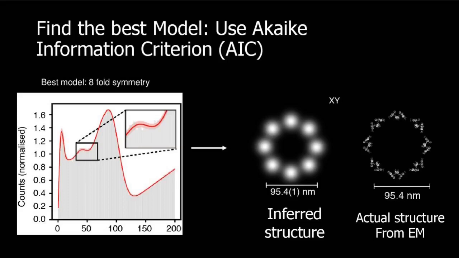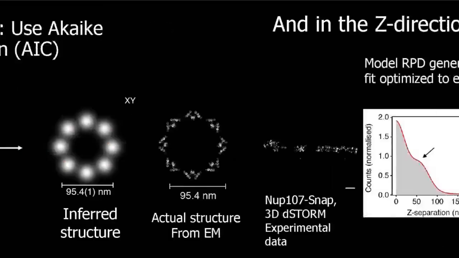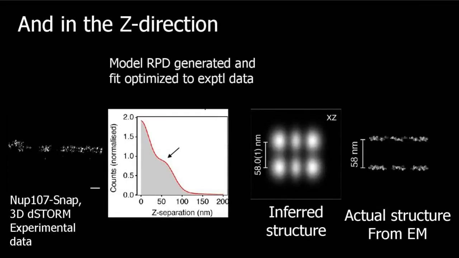But we've actually got some structure, so it's not just a ring now, it is some sort of inferred structure. We can do the same in the Z direction. So this is exactly the same in the Z direction. It's mostly that single peak there from the distance between the 2 layers. That's our prediction. That's the actual separation from EM that we know about. And you can see we've got a good agreement there.